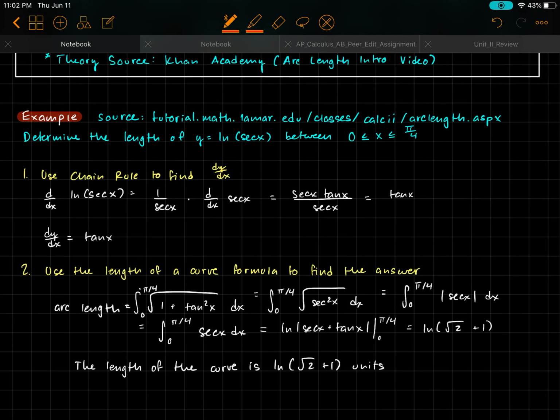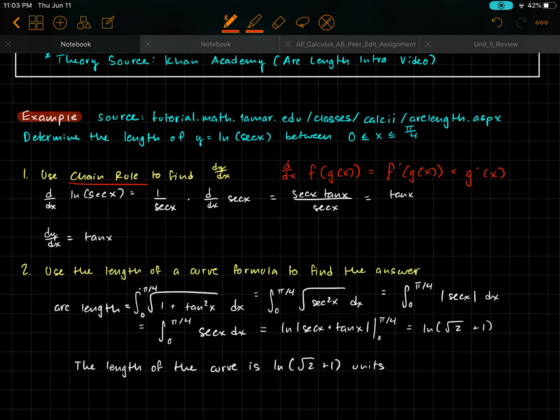So now let's move on to an example. The example says to find the length of the curve y equals ln of secant x between the x values of 0 and pi over 4. So our first step is going to be to use chain rule to find dy dx. So if you don't remember, chain rule says that the derivative of f of g of x is going to be f prime of g of x times g prime of x.